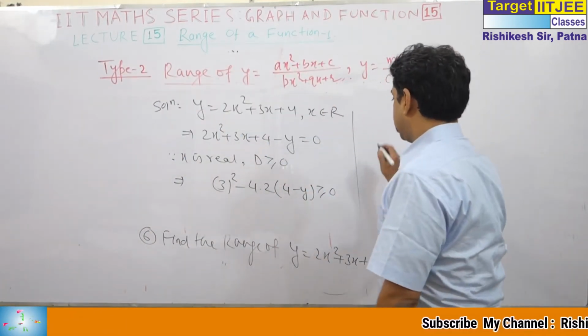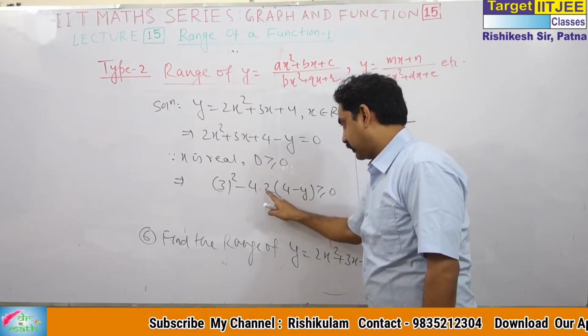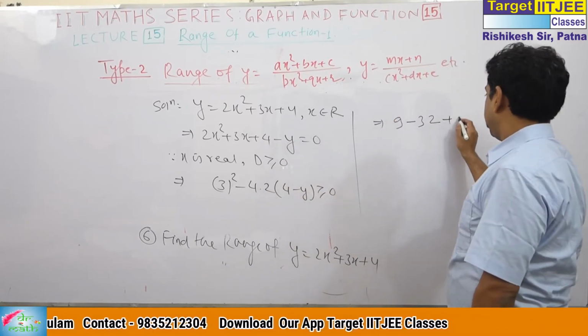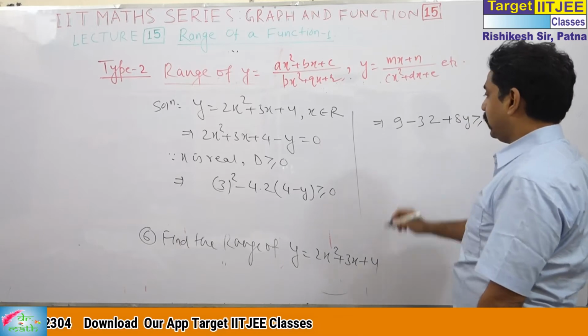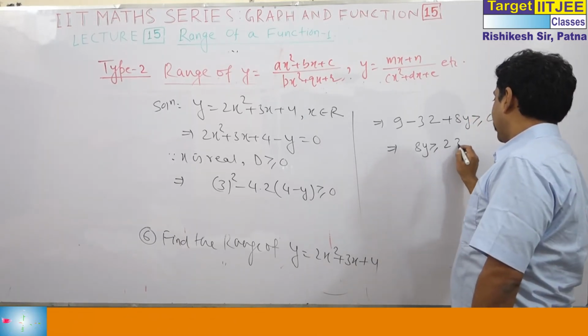This is what? 9 minus 32 plus 8y greater than or equal to 0. This is 8y greater than or equal to 23.